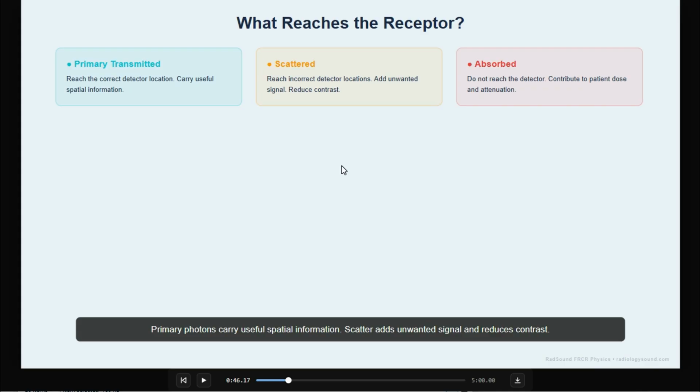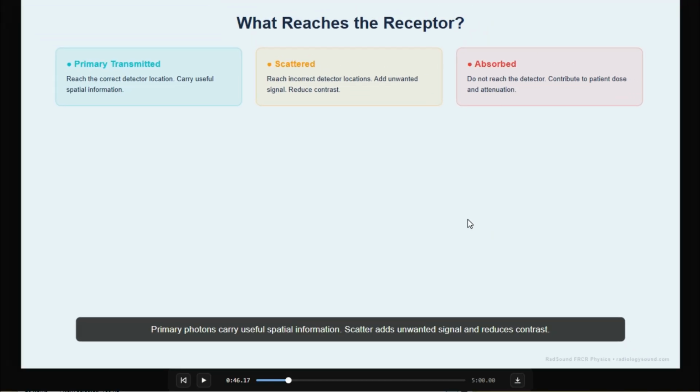If the scatter still reaches the detector, at that station only the primary photons carry the useful spatial information. The scatter will add unwanted signal and decrease the contrast. It degrades the image quality.